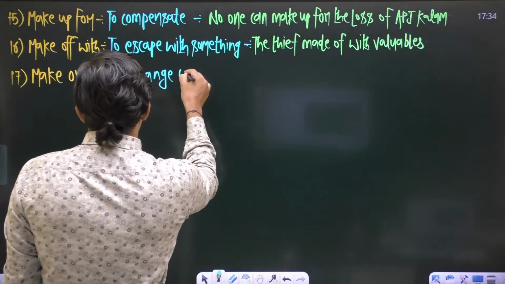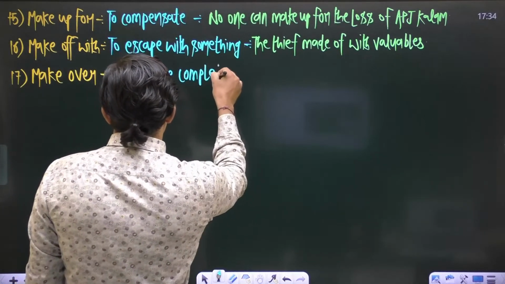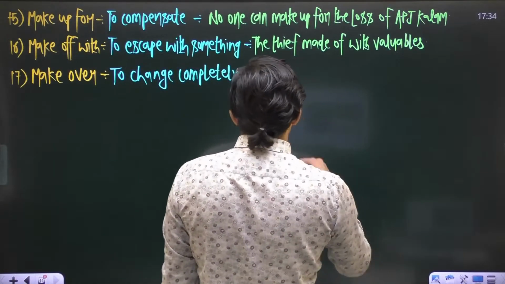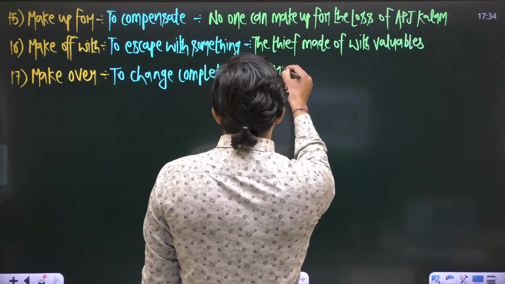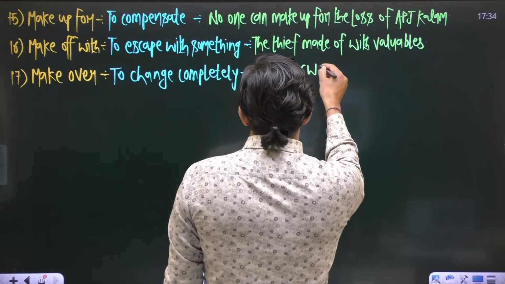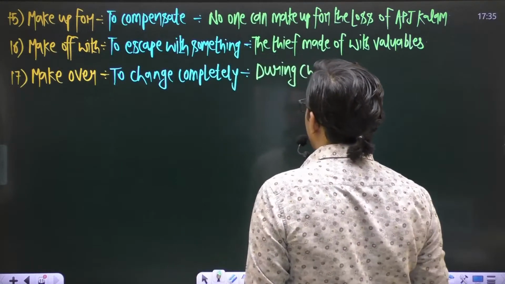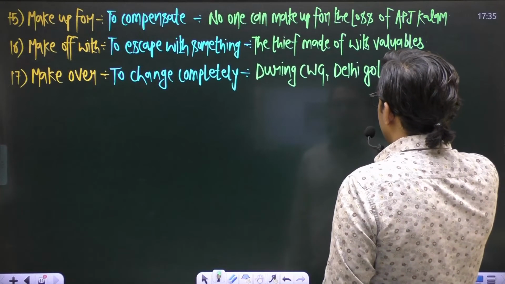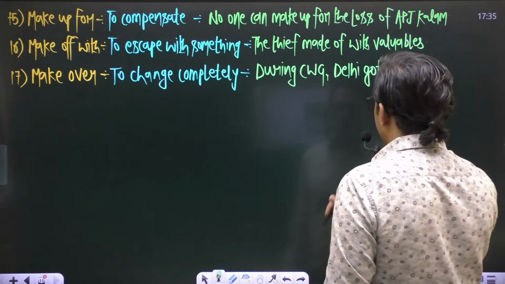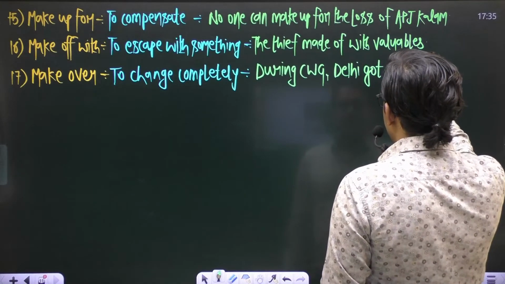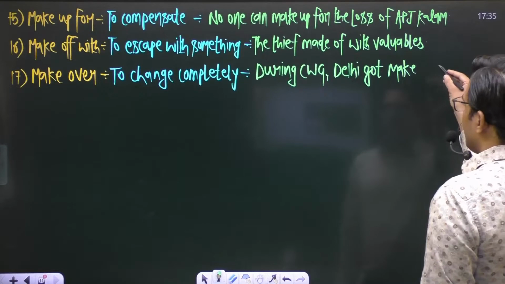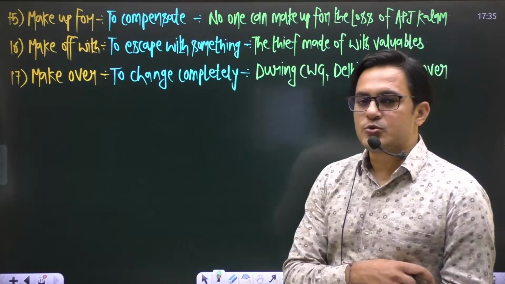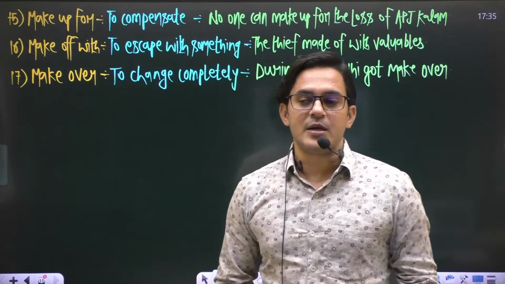And the sentence is, during CWG, Commonwealth Games, Delhi got a makeover. Meaning to say Delhi changed completely, right? Makeover means to change completely.